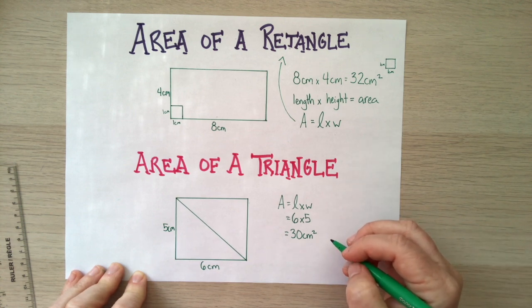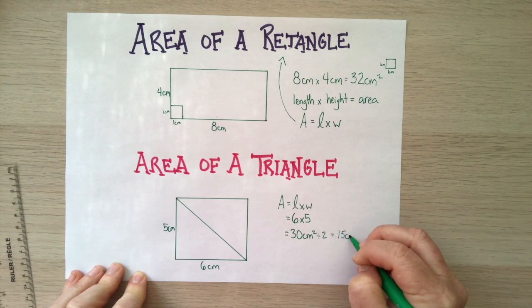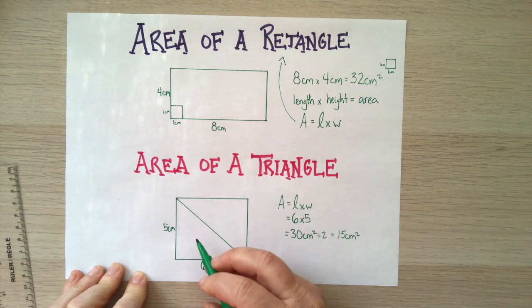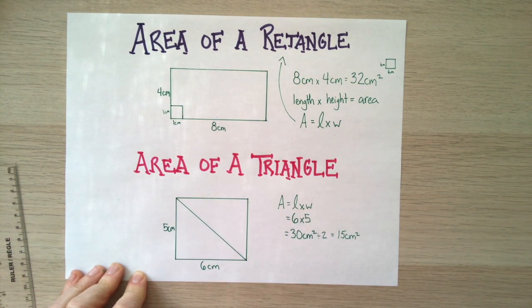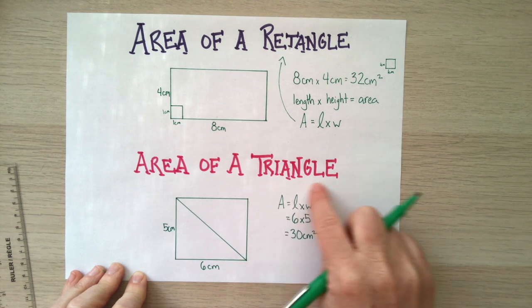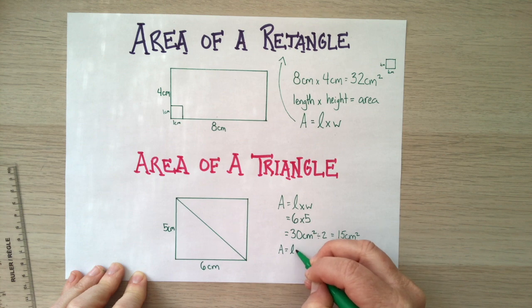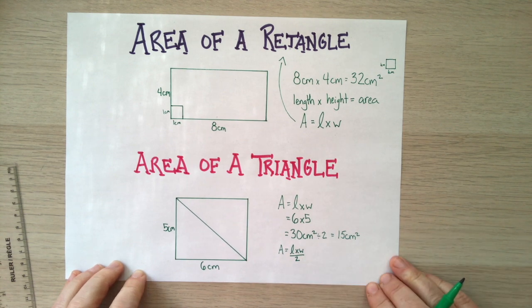I divide it by 2. So the area of this triangle is 15 centimeters squared. The formula that I use for this triangle is area equals length times width divided by 2.